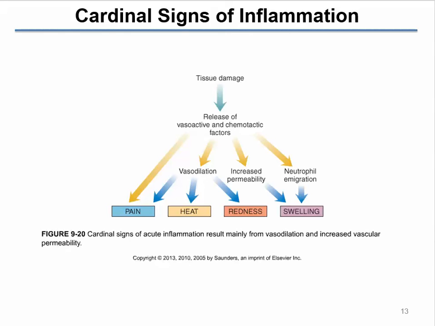So these cardinal signs of the acute inflammation are good. The chronic inflammation is the thing that we are more worried about. But there's an overlap, and we have to figure out where the good ends and the damage begins.